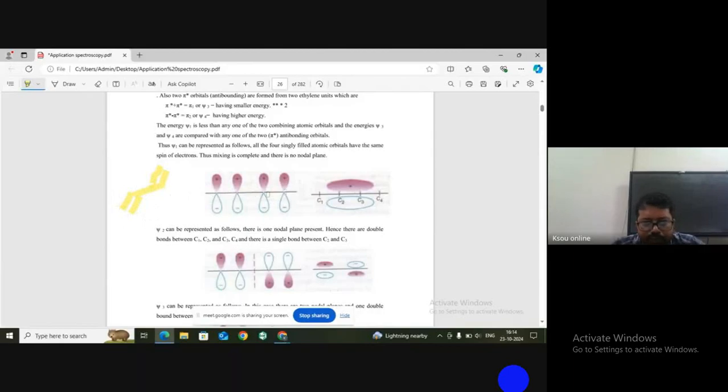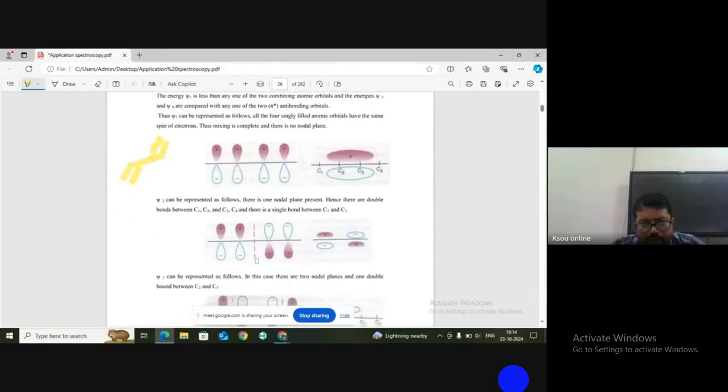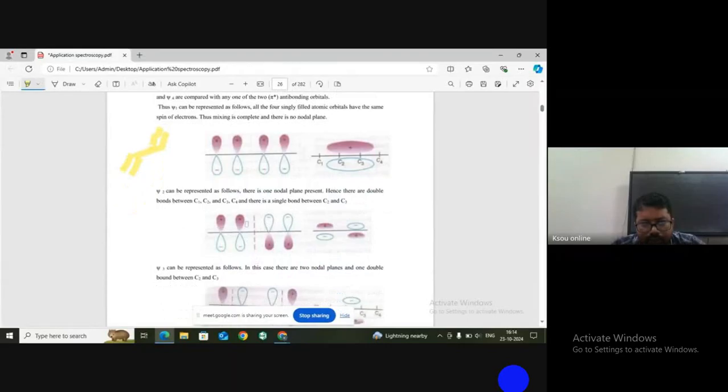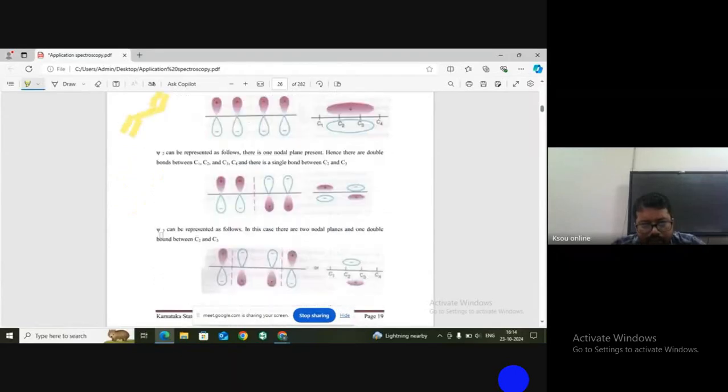See, in the first ground state, all the orbitals are the same phase: plus, plus, plus, plus on top, and minus below. In the second, two are plus and the other two minus, which is antibonding. For the third, you take one plus up, one plus below, one minus up, and the next minus below.